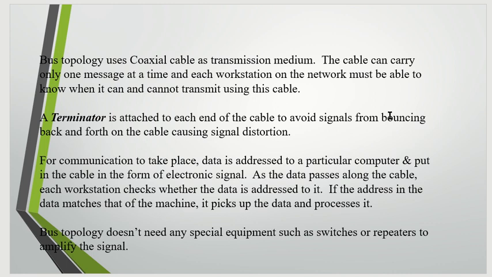Signal distortion is the weakening of the strength of the signal. We use coaxial cables as transmission mediums. Bus topology does not require special equipment like the switch in the case of the star topology that was just covered.